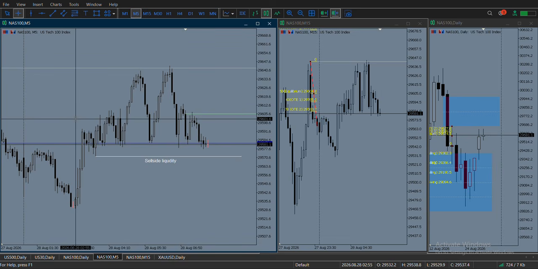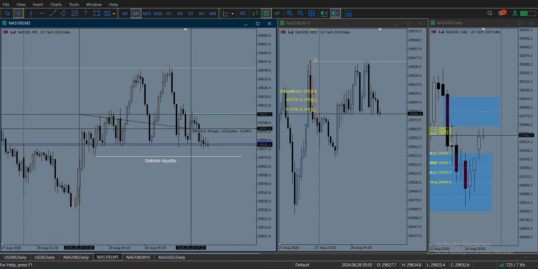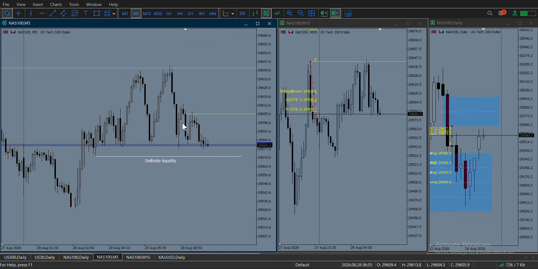And look at that area here. The inefficiency that comes to the direct eye is that CB together with this one. So which one is more significant?